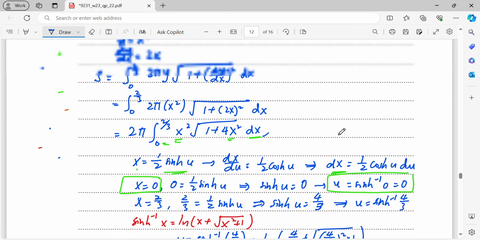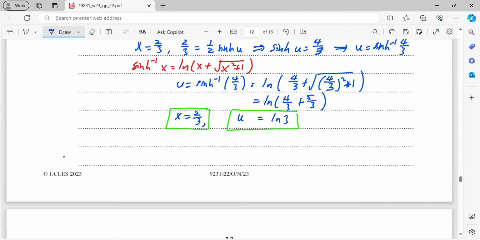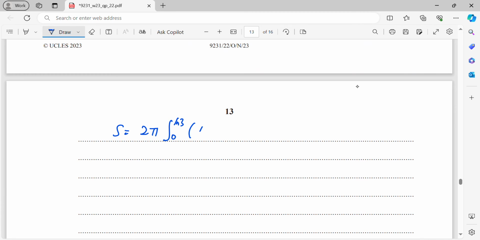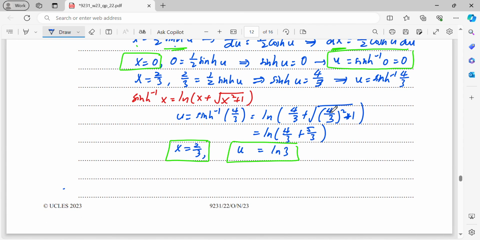Then x squared, so square of half sine u, square root of 1 plus 4x squared. The 4x squared you can get from here. You see, x is half sine u, that means 2x is sine u.